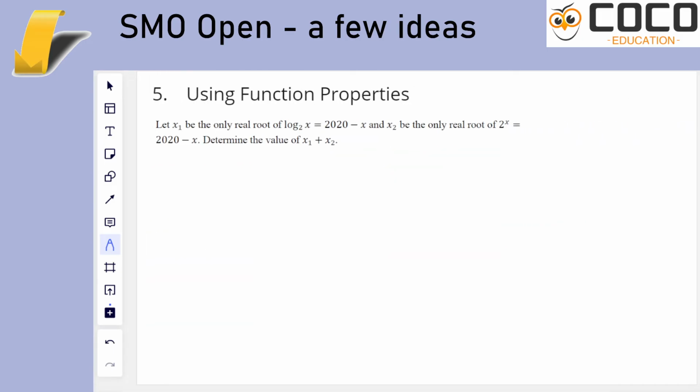For instance, here we have a couple of equations which we can't solve. If you want to challenge yourself, you can try to just check if you are able to even estimate the value of x. It's not that easy.